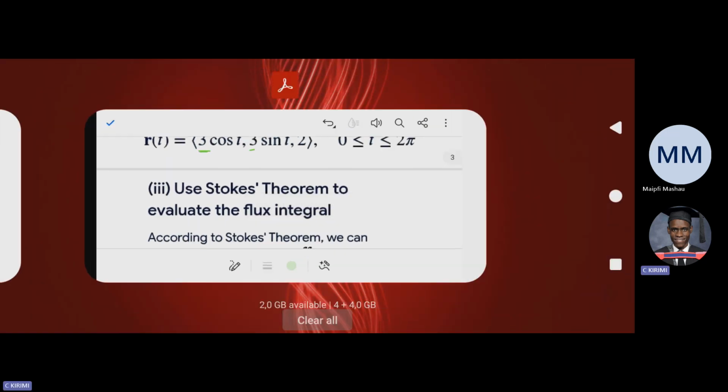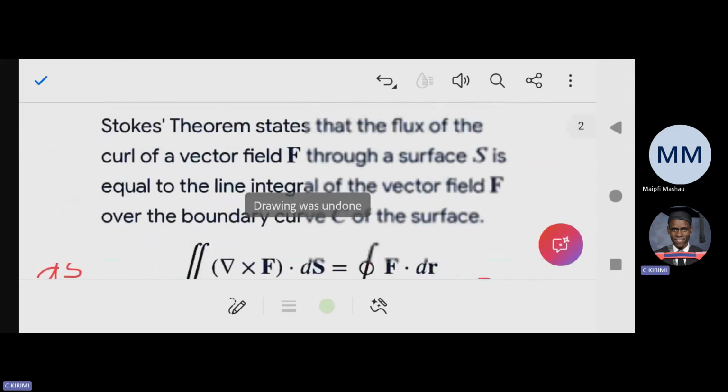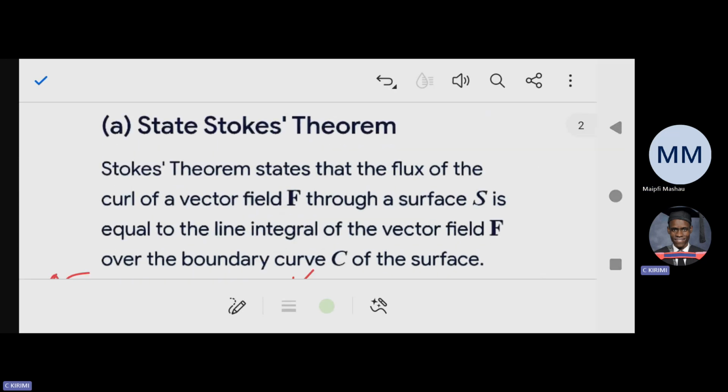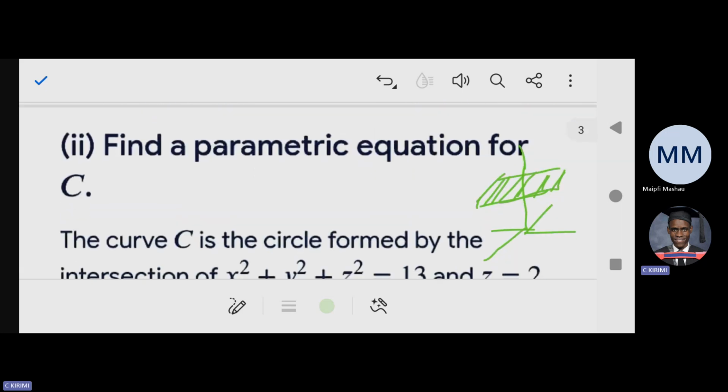Here, for the second question, remember what we were looking for. The question was saying, find the parametric equation for C. The parametric equation which you are looking for is always given in terms of r.